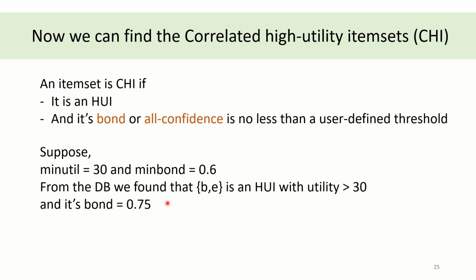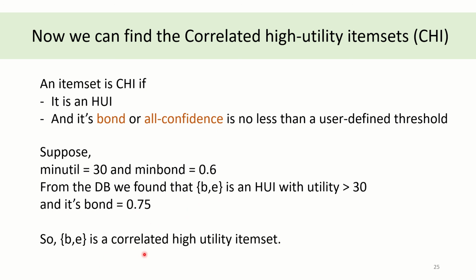From the DB, we found that the item set BE is a high utility item set with utility greater than 30, which is more than the min util, and its bond is 0.75, which is also more than min bond. So we can say that BE item set is a CHI, or a correlated high utility item set.